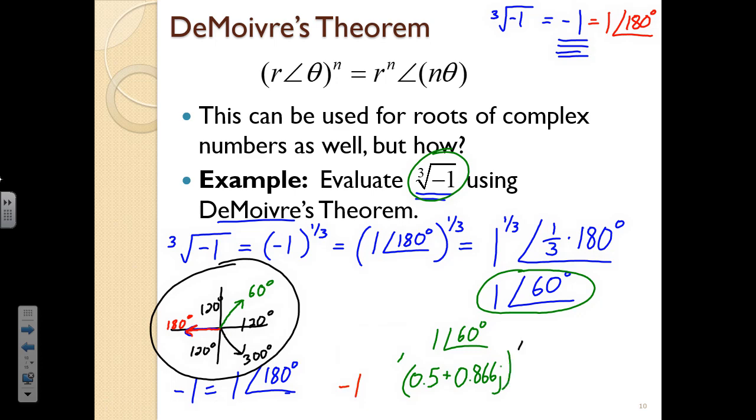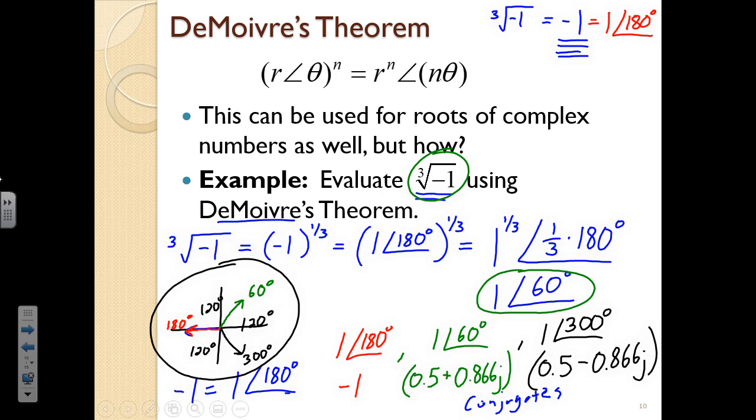I'm going to make those red since that's what they are in our picture. And our third one turns out to be 1 at 300 degrees, which, by the way, is also 0.5 units to the right, but it's down 0.866j. Notice that these are conjugates of each other.